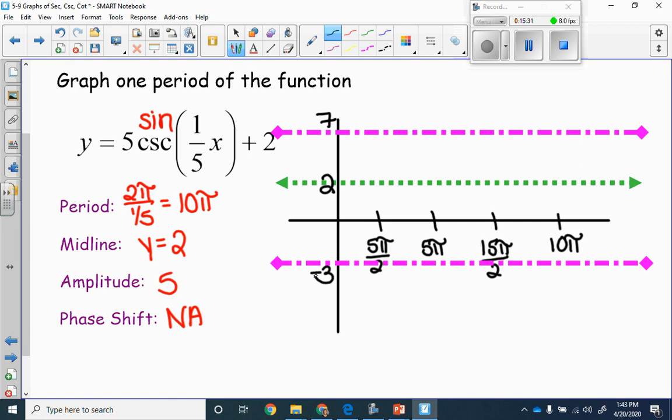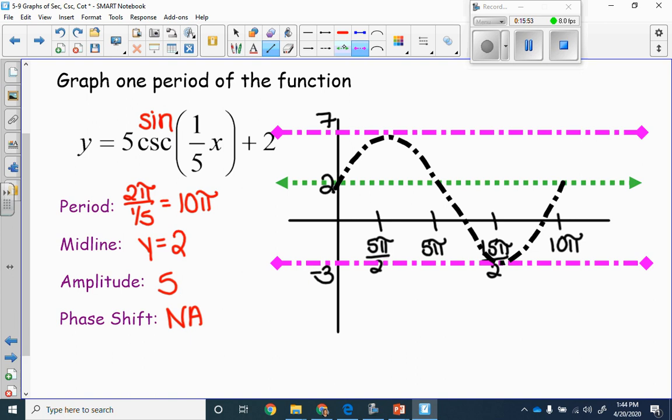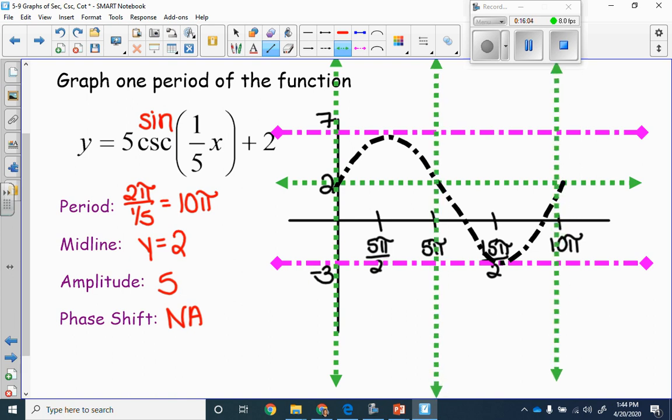Okay? And now I have all my information to be able to graph out the sine curve. So I would start at my midline, go up to the maximum, come back through the midline, go to the, oh, I'm not graphing that very well. Let's try this. Alright, so there's your sine curve. Now, where I see my sine curve crossing over my midline, that is where your vertical asymptotes are going to be for your cosecant.